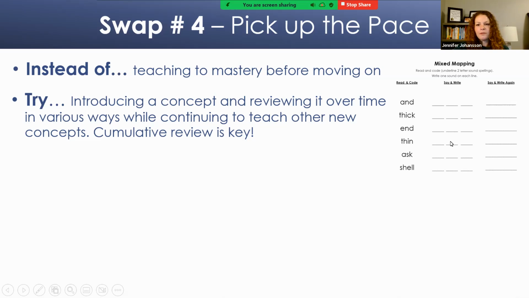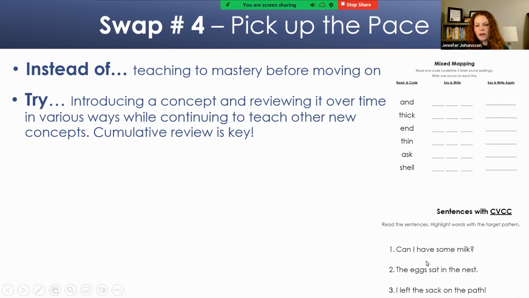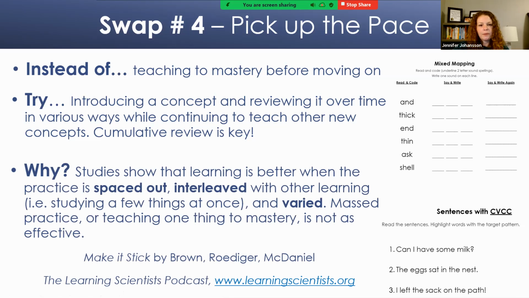And they're kind of mixing up. We're not doing a whole list for practice. It's mixed up. Doing practice in a variety of ways, making sure we're not just doing isolated work, because we have to be careful. We can't make it isolated and then just have them working on words only. We need to have them read sentences and read stories. So it has to be a variety of practice.